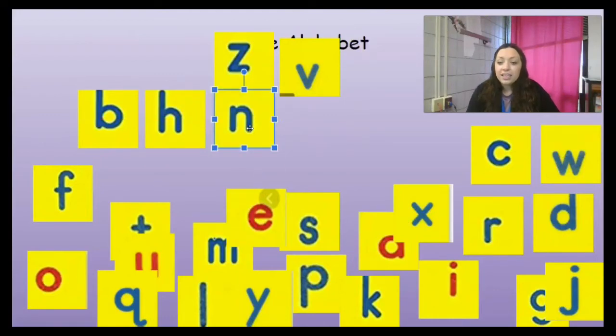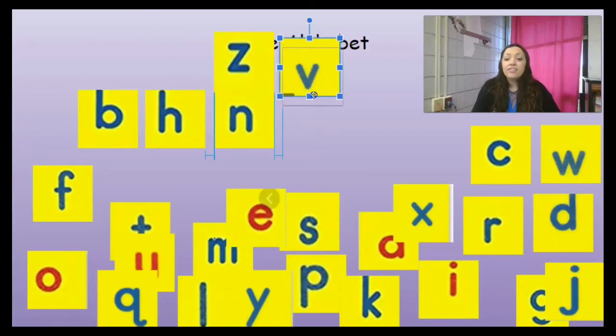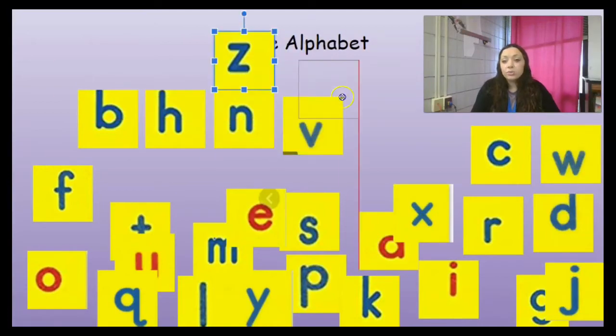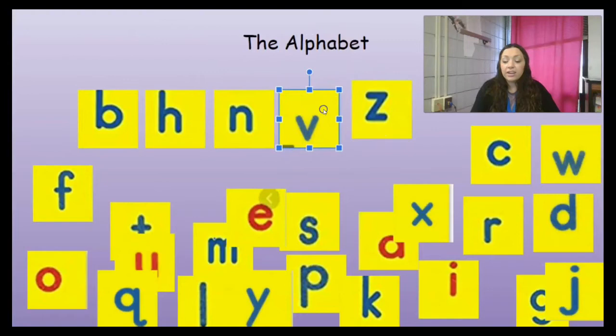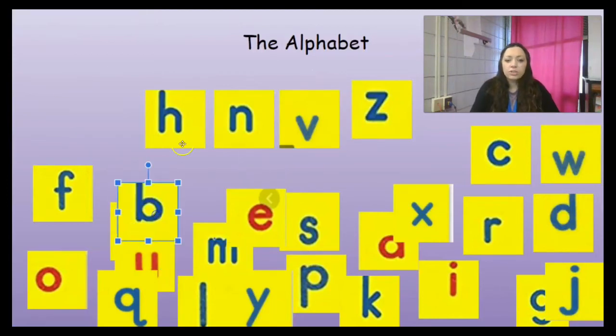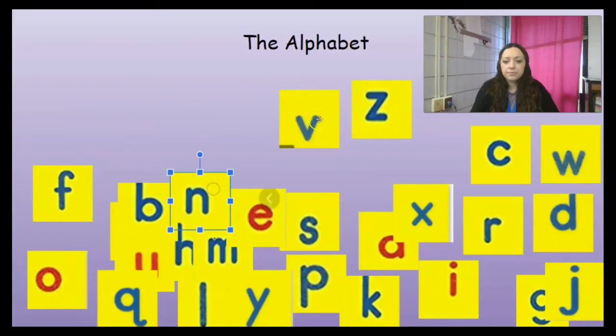O, P, Q, R, S, T, U, V. And then, of course, we know Z is going to be at the end because it's our final letter. So if we had these letters right here, this is how we would put them in ABC order or alphabetize them. Okay, let's try it one more time with some different letters.